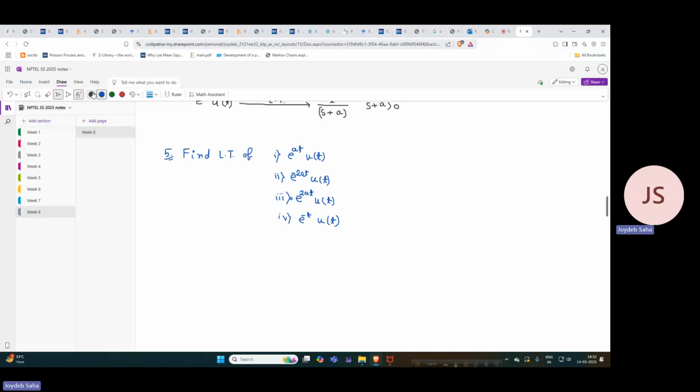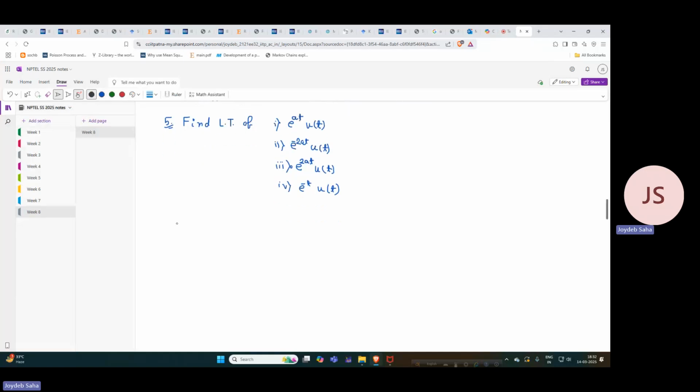Okay, so let us solve. For u(t), we have the solution that its Laplace transform is 1 upon s.